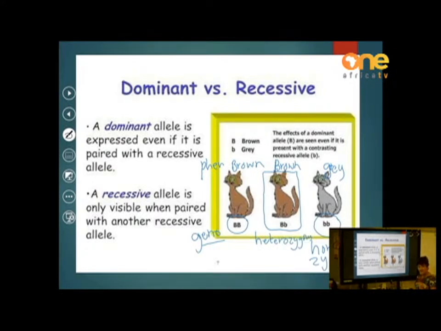But physically, I will see only the dominant allele because it is always expressed, even if it is paired with the recessive allele. If I see the recessive trait, it means it is small b, small b.